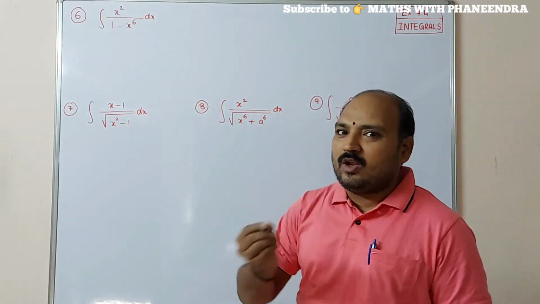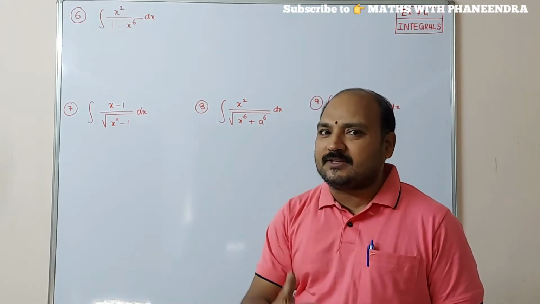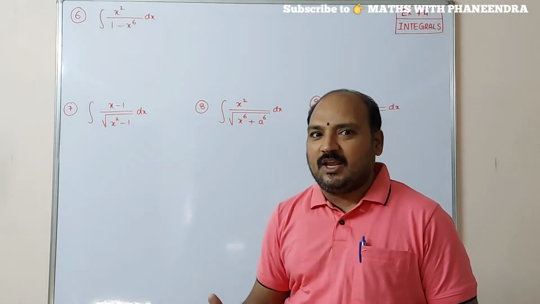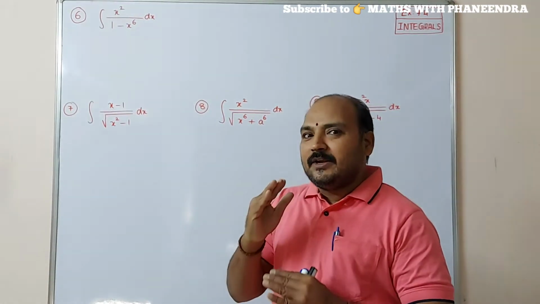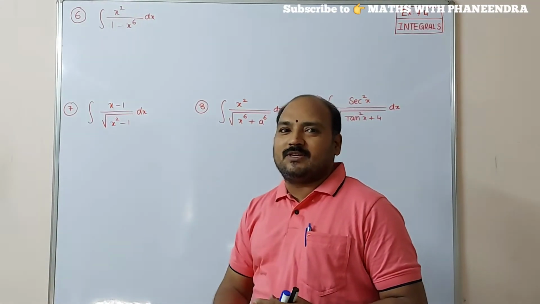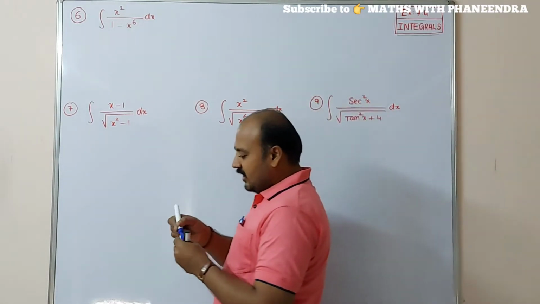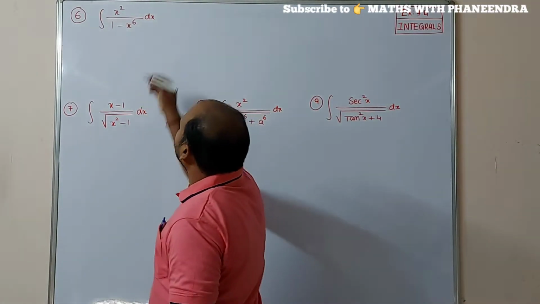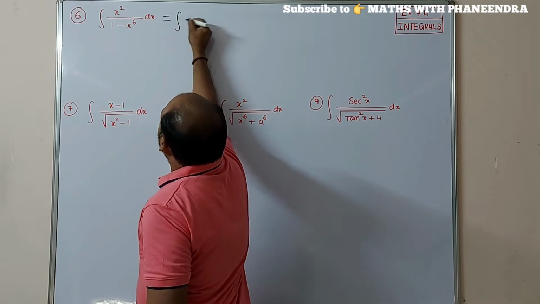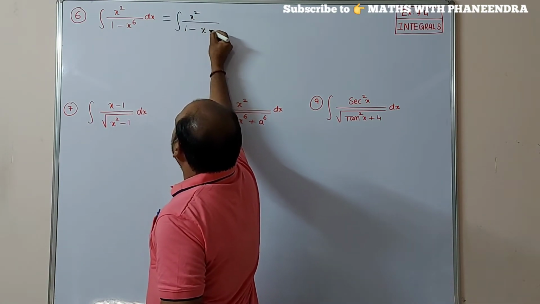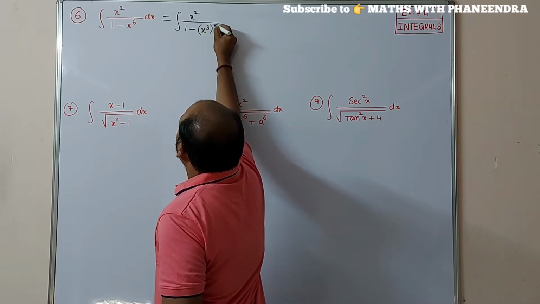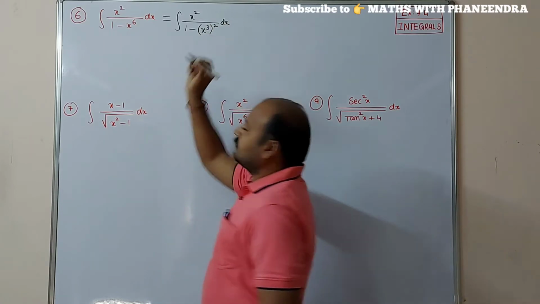So x square, if you increase one power for x, it will become x power 3. So denominator 1 minus x power 6 you have to write in terms of x power 3. So this becomes integral x square divided by 1 minus x power 3 whole square into dx.